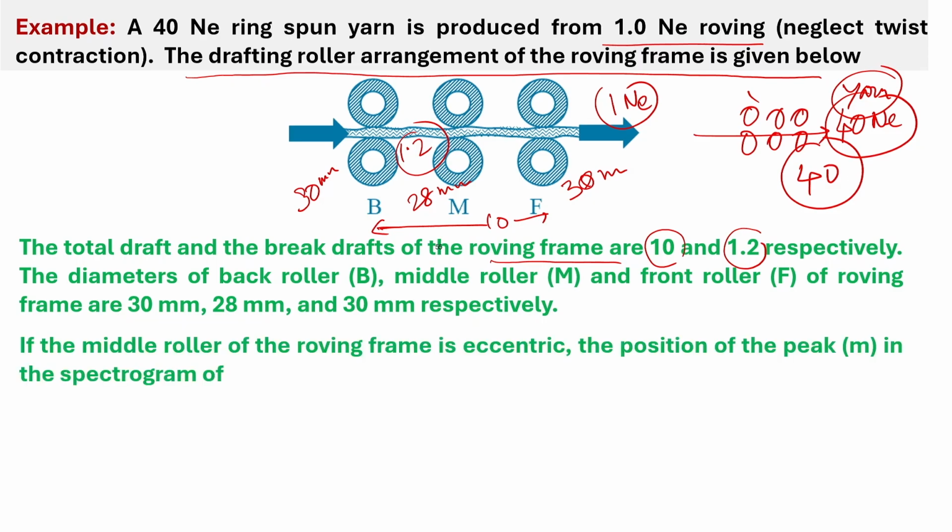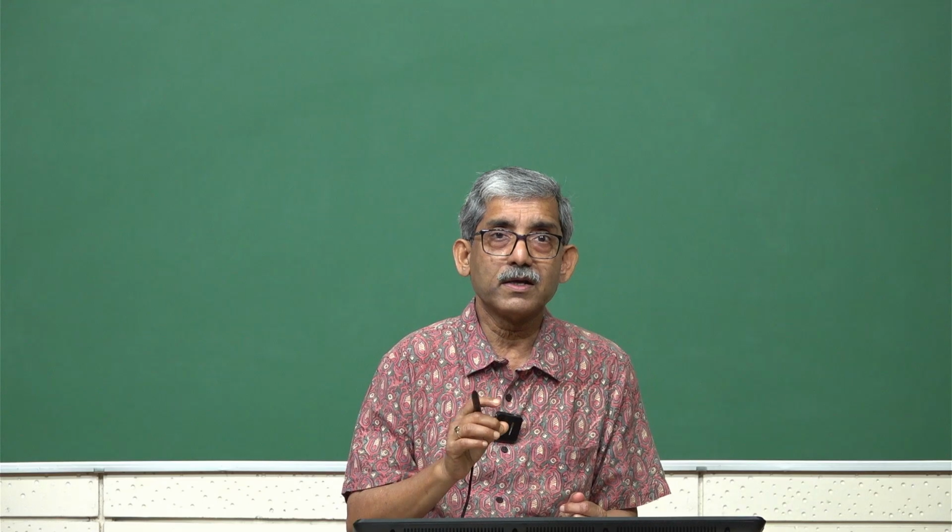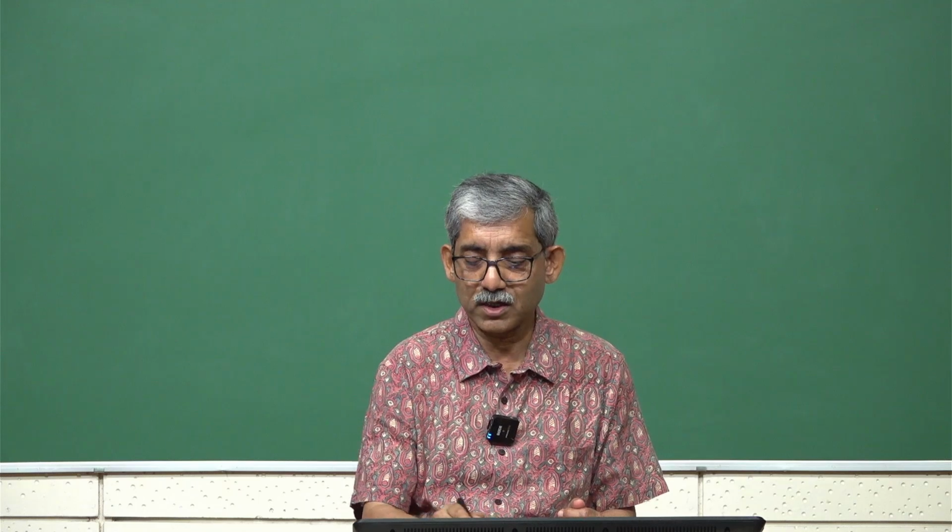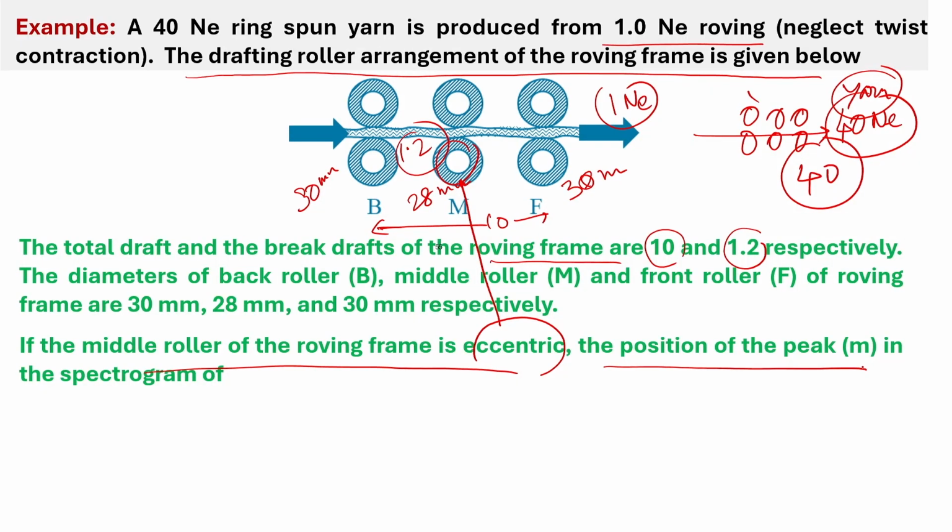Now, if the middle roller of the roving frame is eccentric, that is the middle bottom roller, because if the top roller is eccentric it does not affect. So that we have discussed. So if the middle roller is eccentric, you have to calculate the position of the peak in meter in the spectrogram of roving and yarn.